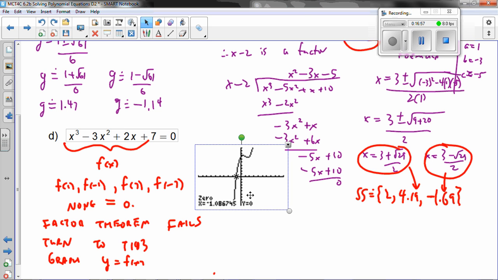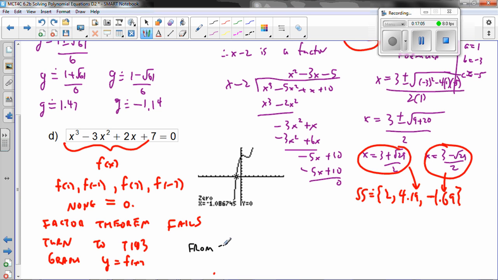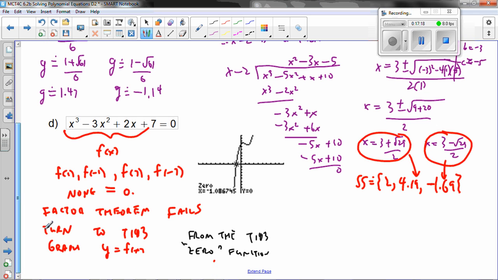So I'm going to say from the graph, TI-83 zero function, the solution is x equals negative 1.09 about, and that's the only solution.